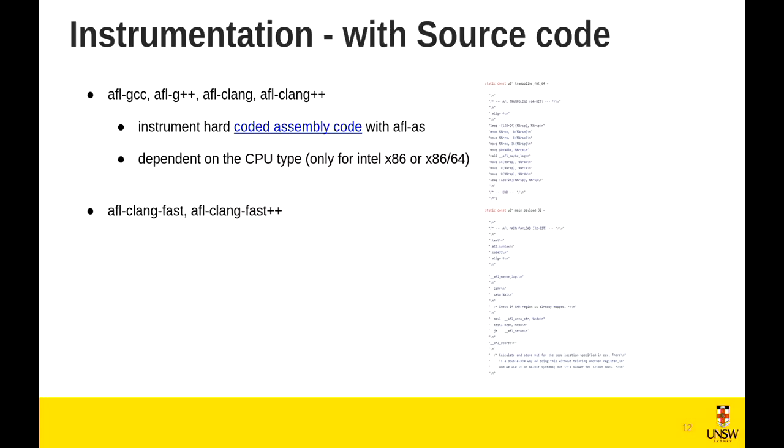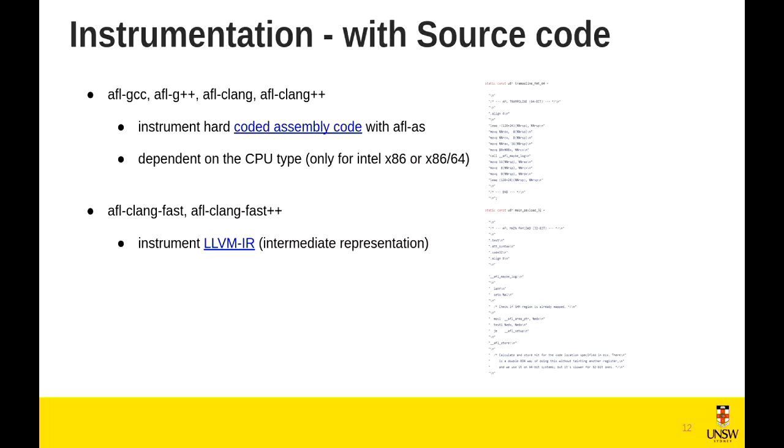And we have another approach to instrument source code, and this is related to the LLVM project. The tools we will be using to do this are called afl-clang-fast and afl-clang-fast++ for C++. And this instrumentation is done on the LLVM intermediate representation level. Have you taken the compiler course before? Yes? Okay, good. So you must know intermediate representations, right?